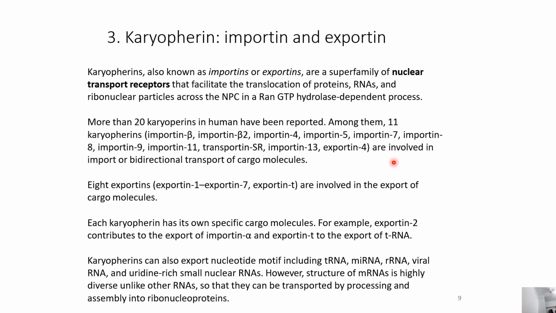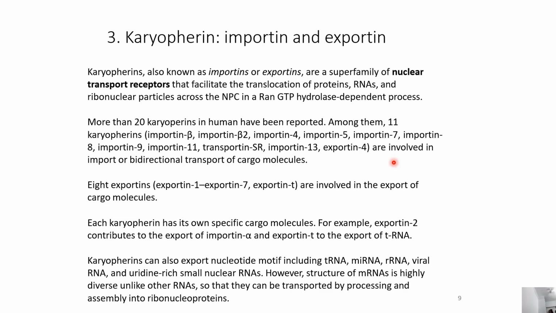Karyopherins, also known as importins and exportins, are a superfamily of nuclear transport receptors that facilitate the translocation of proteins, RNAs, and ribonucleoprotein particles across the NPC. More than 20 karyopherins have been reported, among them about 11 importins and 8 exportins are involved in the transport of cargo molecules.